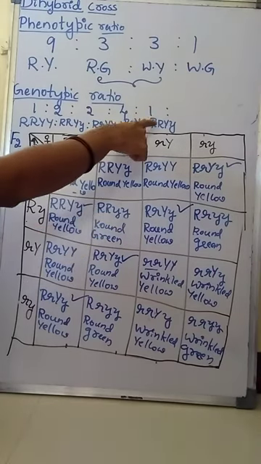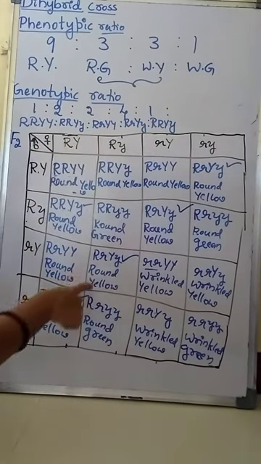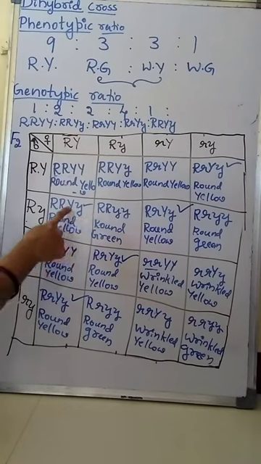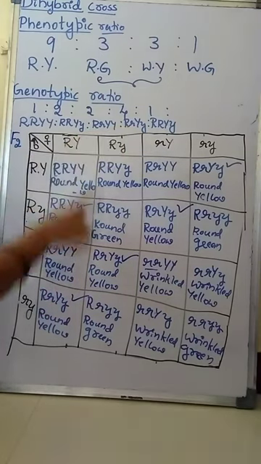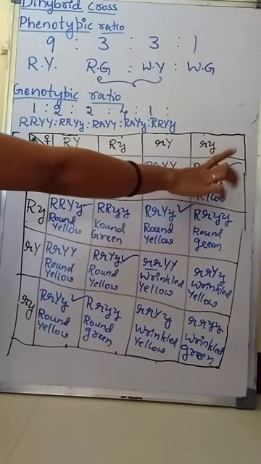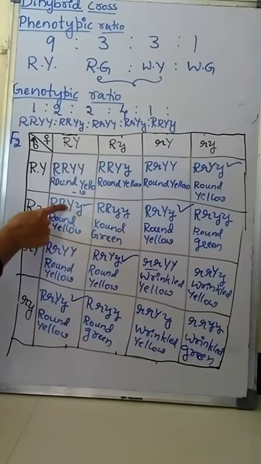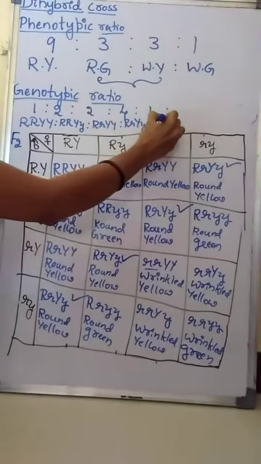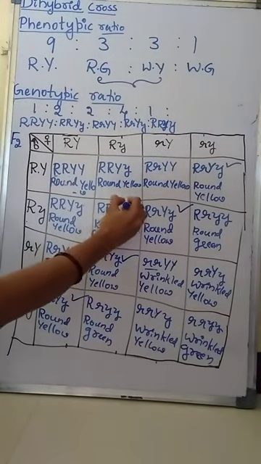Then capital R, small r, capital Y, small y is 4. Next one is 1, and this is over already. Only one. This is also over.